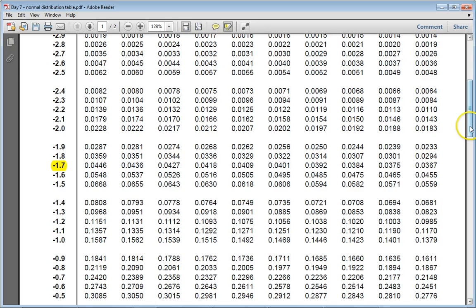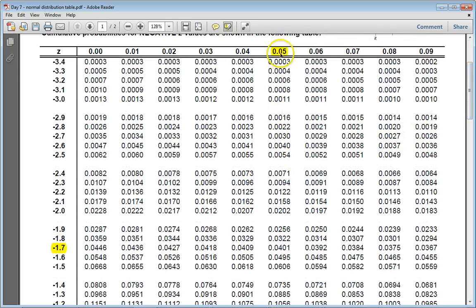Now because it's negative 1.75, I need to start here, but I need to come over to the 0.05 column. It's where they meet up. So the value that I want is this value right here. That is where these two meet. The negative 1.75. This is the percentage on the left.